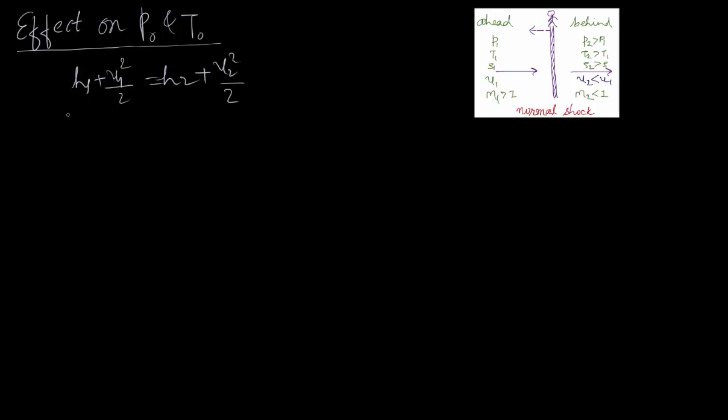We know that H1 plus U1 square by 2 will become Cp into T naught 1, and H2 plus U2 square by 2 will become Cp into T naught 2. This will imply T naught 1 equals T naught 2.